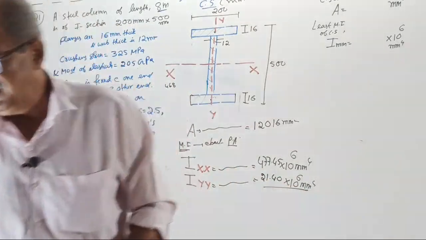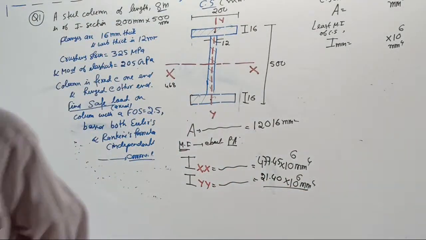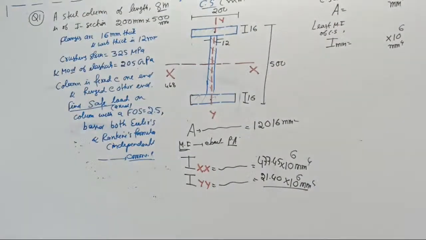That is the property of the cross section. It came 21 point something. Correct answer? See, why nobody gave IYY? Because IXX is traditional calculation. IYY usually people don't do.